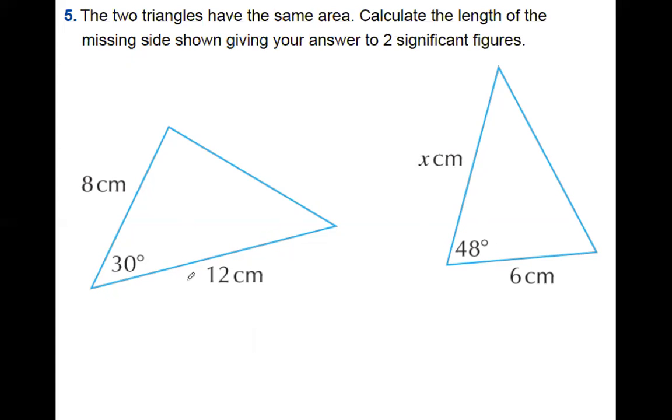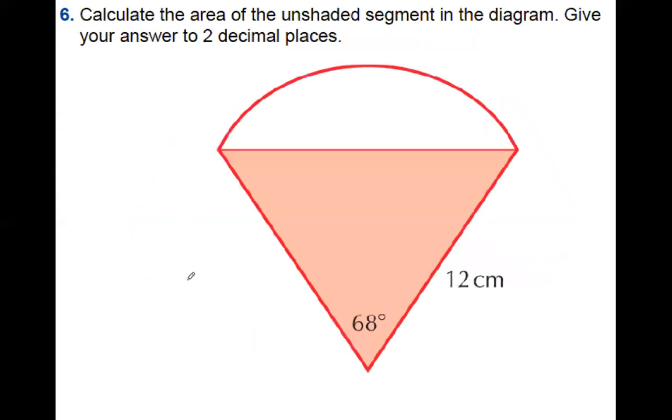For this one, calculate the area of the unshaded segment. Okay, so you've been asked to calculate this. Remember we talked about sector area? It's pi times angle over 360.